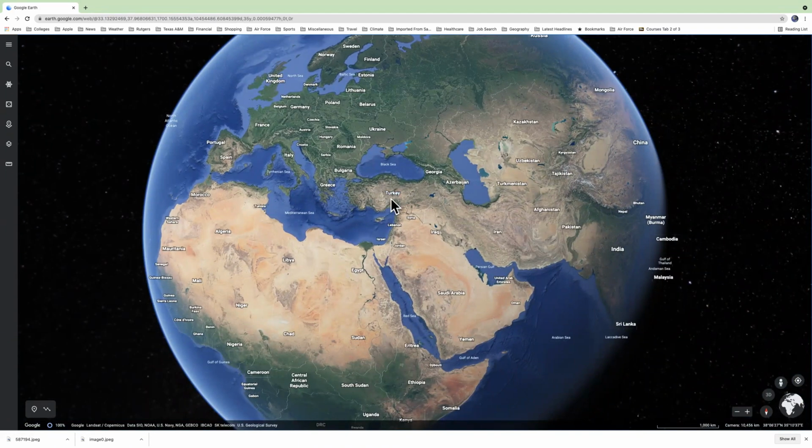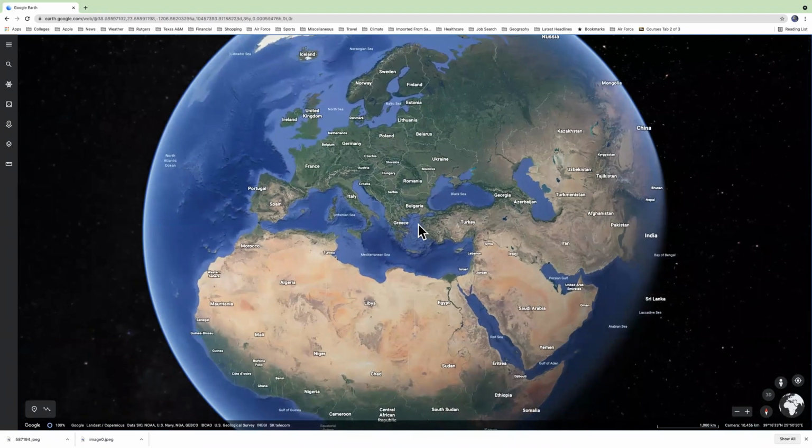Turkey is odd in its geographical setting. Part of it is in the Middle East, attached to Syria, Iraq, Iran. The other part is attached to Europe, Bulgaria, Greece. So is Turkey European or Middle Eastern? Or is it both? Or does it depend where you are?